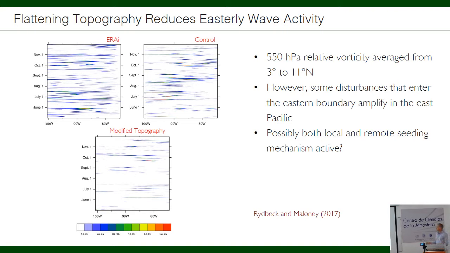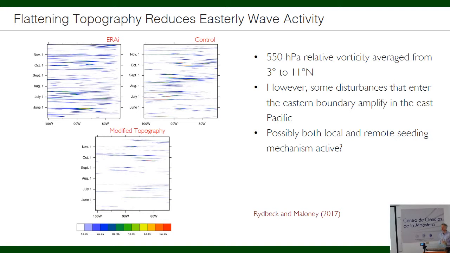Now, if you look closely at this plot, you can see that there are some disturbances moving in from the Atlantic, further east over the Atlantic, into the domain that then strengthen in the eastern Pacific. So we haven't completely gotten rid of all easterly waves in this model by our experiment.